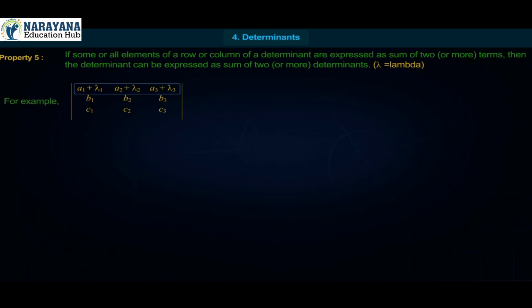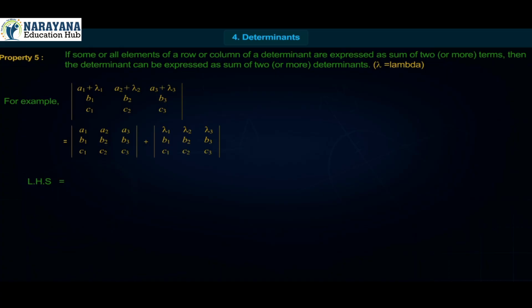For example, determinant a1 plus lambda 1, a2 plus lambda 2, a3 plus lambda 3, b1, b2, b3, c1, c2, c3 is equal to determinant a1, a2, a3, b1, b2, b3, c1, c2, c3 plus determinant lambda 1, lambda 2, lambda 3, b1, b2, b3, c1, c2, c3.